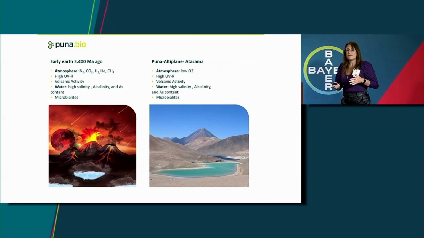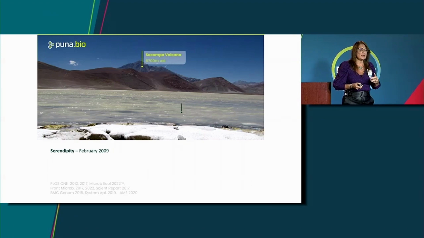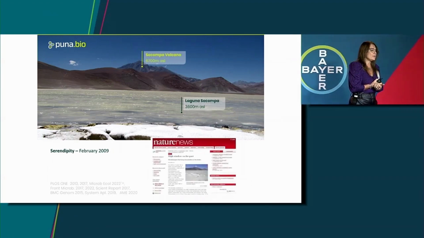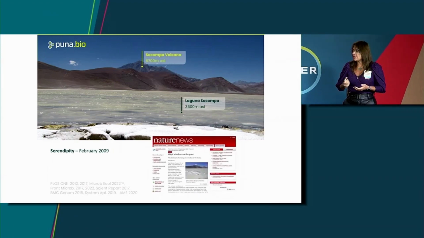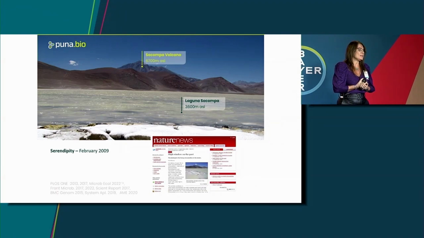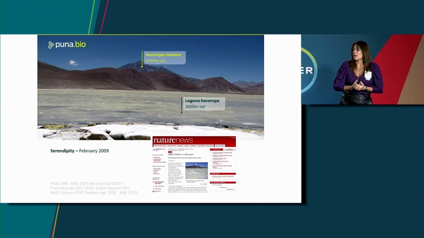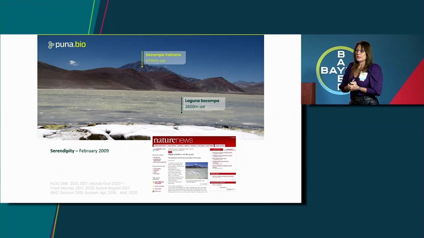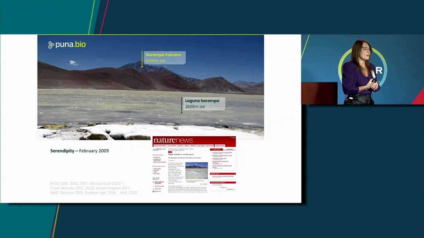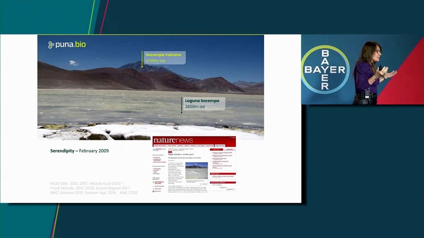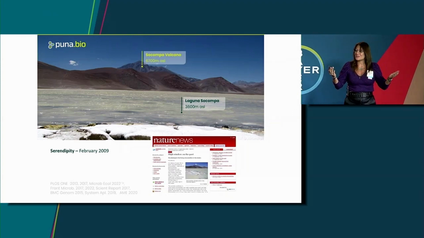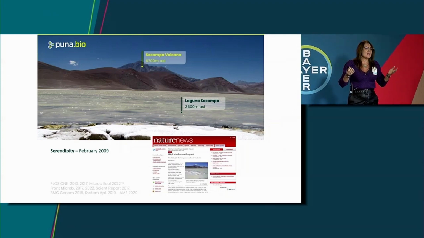What we found, during 2009, I was studying the UV radiation systems in these lakes, how bacteria cope with radiation in this environment, and by serendipity, I found these stromatolites in the lakes near active volcanoes in La Puna.